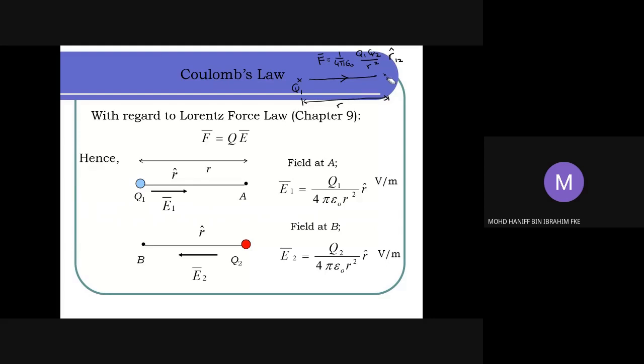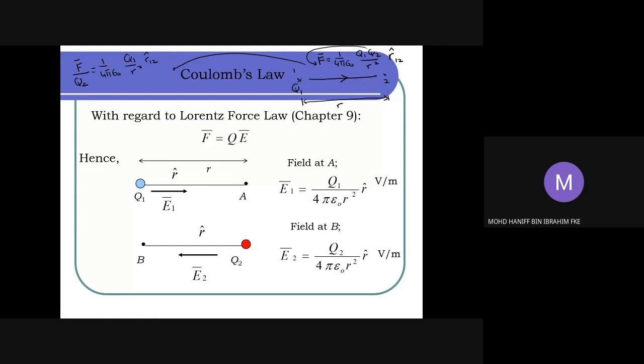For that case, the charge Q2 is brought to the left-hand side, in which these equations now become the force divided by charge Q2 equals 1 over 4 pi epsilon naught Q1 over R squared, and the direction will be the same, from point 1 to point 2. So I redefine this to be point number 2. We have point number 1 and point number 2.